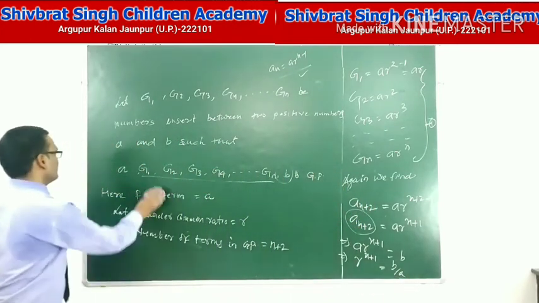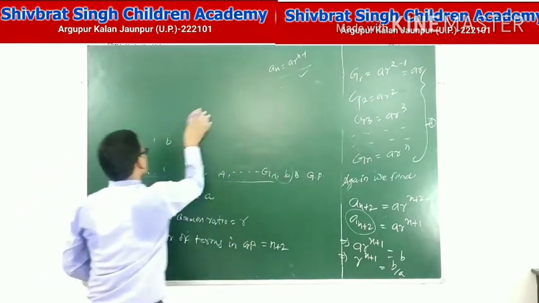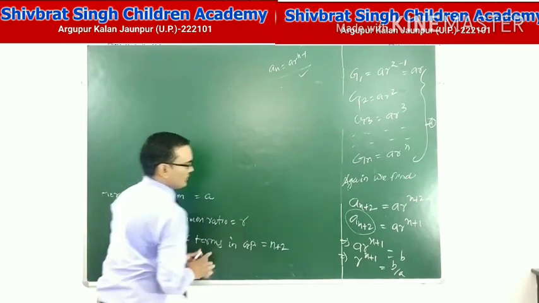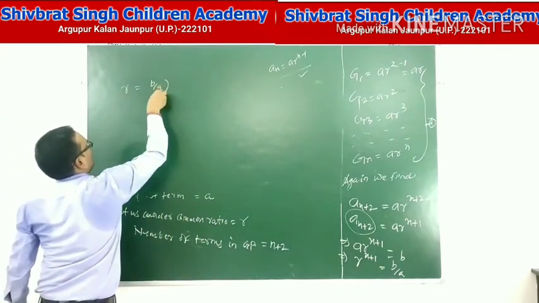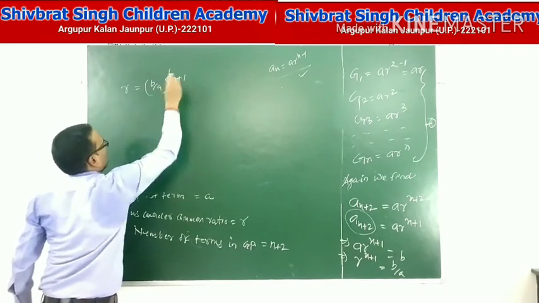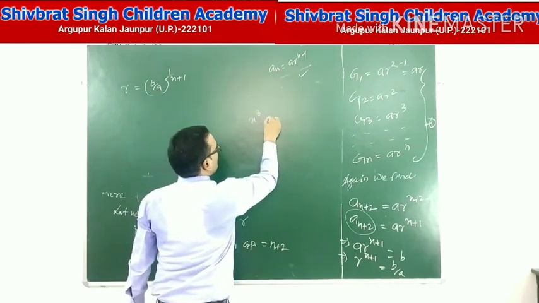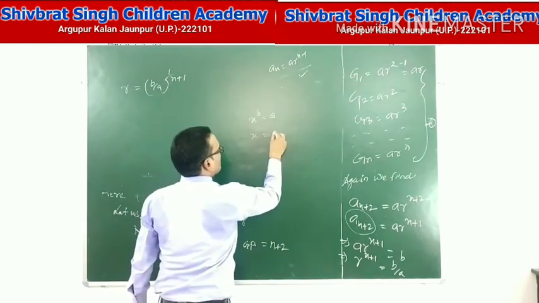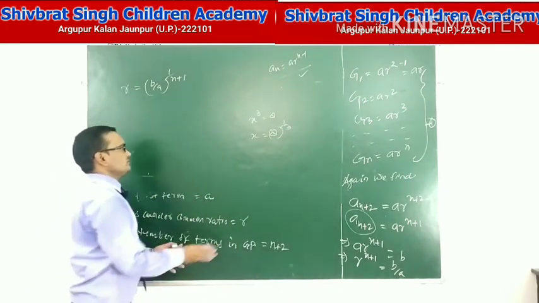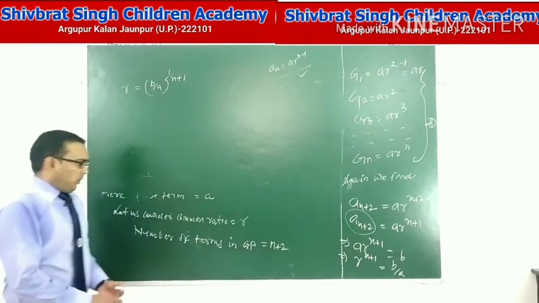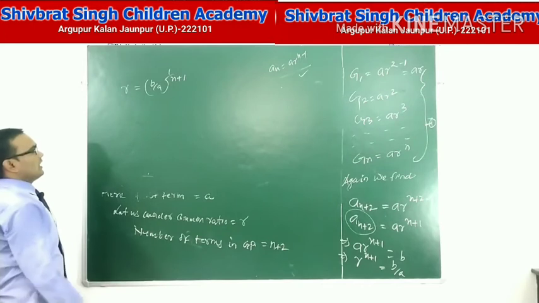Again, r equal to b upon a to the power 1 upon n plus 1. That means if x cube equal to 8, then x equal to 8 to the power 1 by 3. Put the value of r in 1.